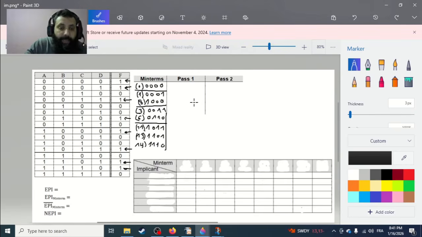We have to compare each value with the other ones. We have to browse, to go through all the possibilities. We have this one with this one, 0, 1. We can see that it's possible to delete the D here. We have to write 0, 0, 0, dash.